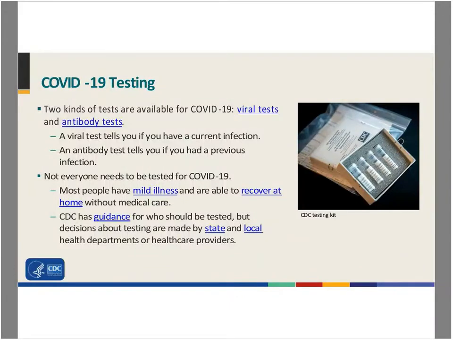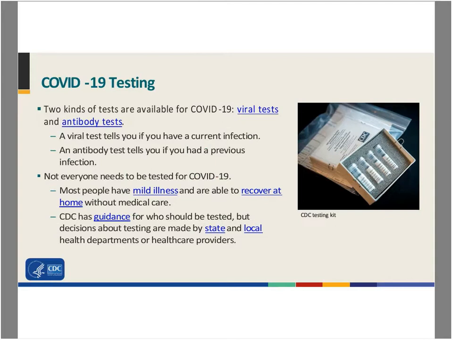So testing, how does testing come into play? Well, there are a lot of different tests available now for COVID-19, and CDC first makes a distinction between 2 basic types of tests, which are the viral tests and the antibody tests.